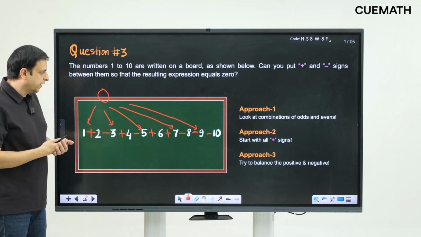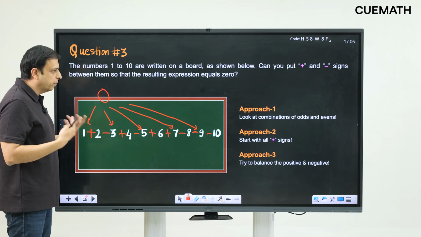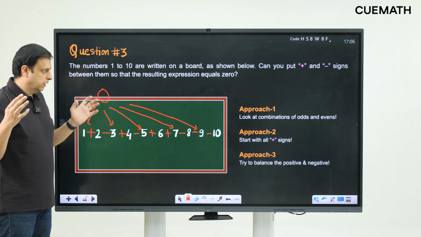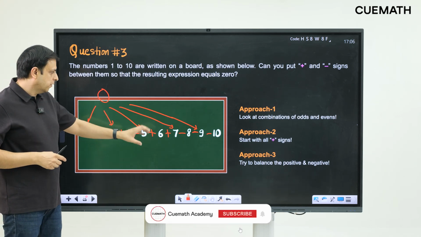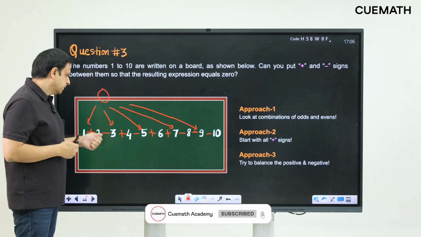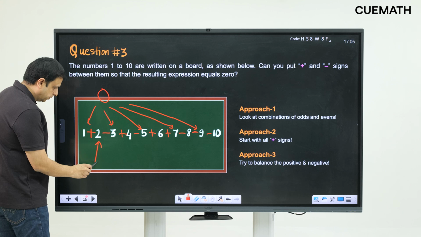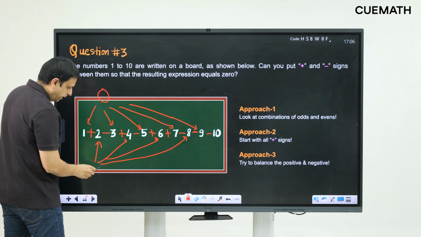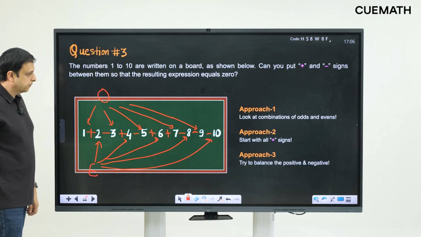Now the combination of the 5 odd integers, no matter what the placement of the plus or minus signs, will be odd because you are combining an odd number of odd integers. The combination of the 5 even integers on the other hand, so 2, 4, 6 and minus 8 and minus 10, will be even.